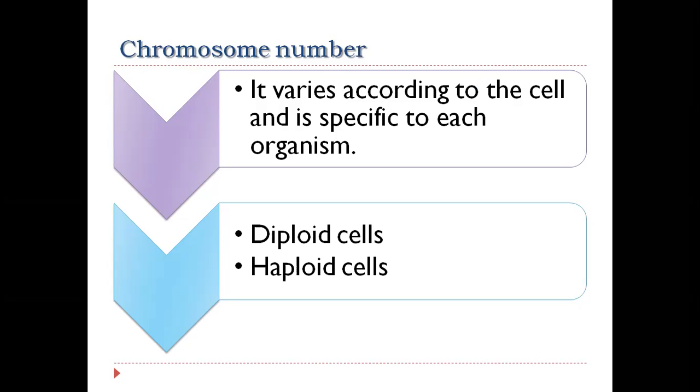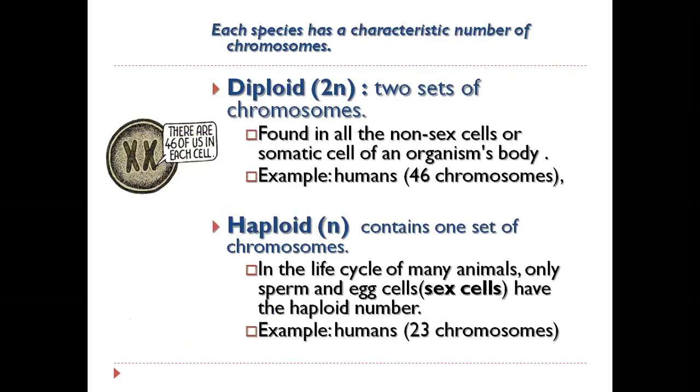In human, that will be 23. So diploid cells, or 2n cells, have two sets of chromosomes. All the cells except the sex cells are in this group. So they are called non-sex cells or somatic cells.